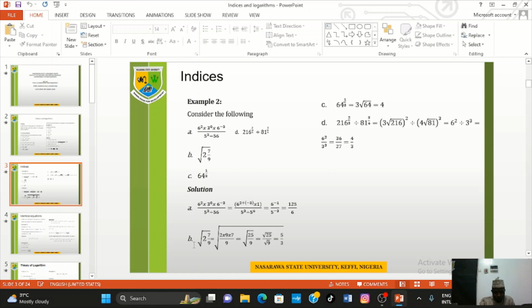Then the B part. We have two whole numbers, 7 all over 9, all in root. At this point, we can transform this to 2 times 9 plus 2, all over 9. So the 9 can cancel the 9, and we will be left with what? 2 times 7.